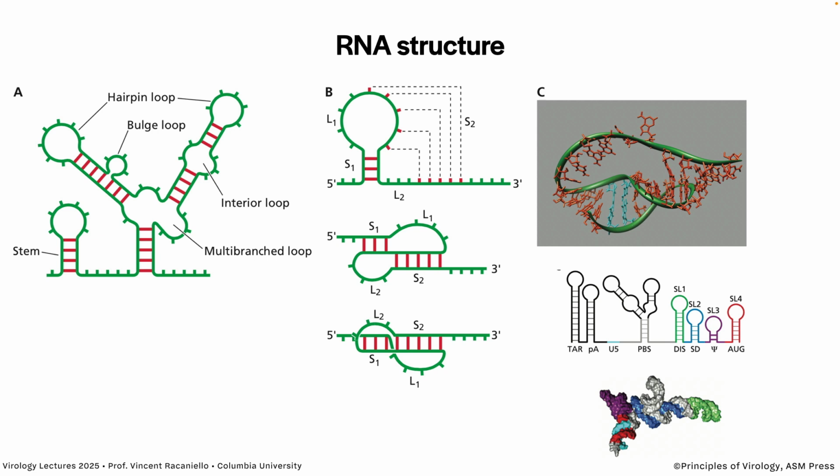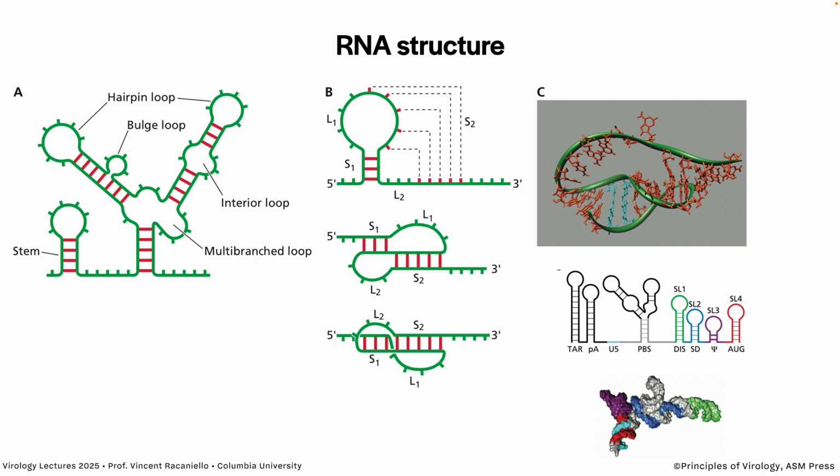RNA is not a line on a slide, as I often show. It has extensive secondary and tertiary structure in the form of stem loops where the RNA can bind to itself, and they can be very extensive, as you can see here. And here at the end is something called a pseudoknot.